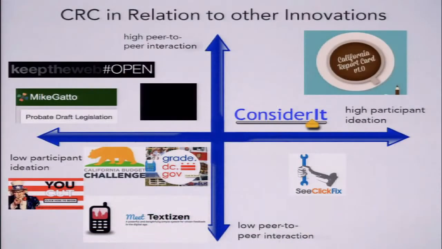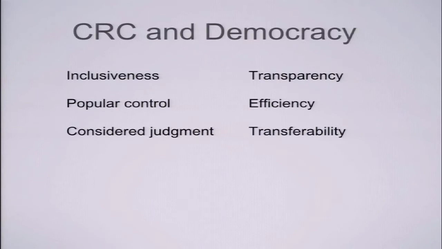It's like a report and then something hopefully happens. Whereas in the California Report Card or, let's say, the collaborative bill creation, you actually are engaged with other citizens.